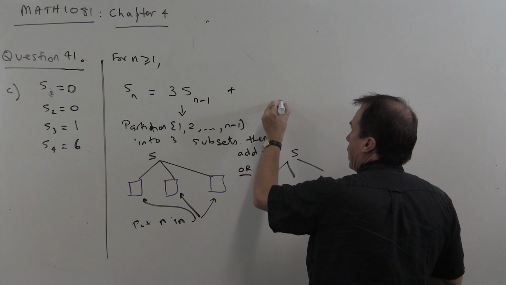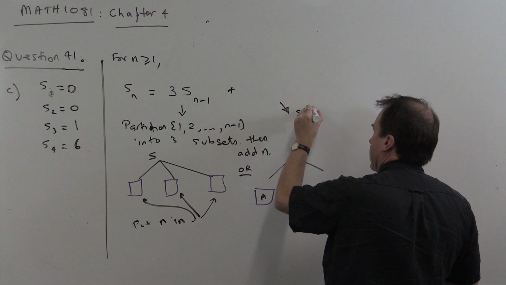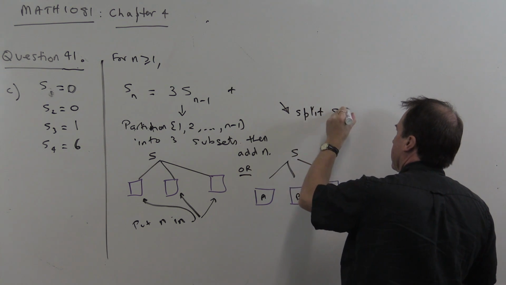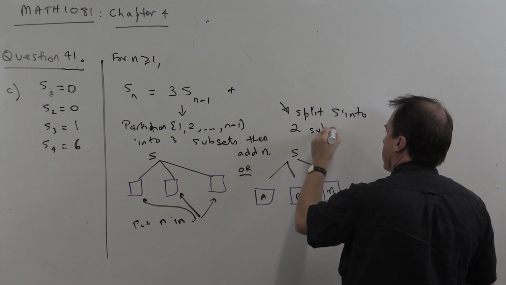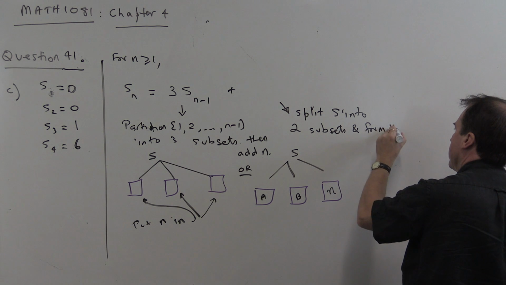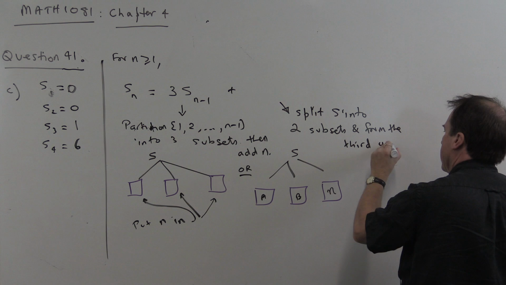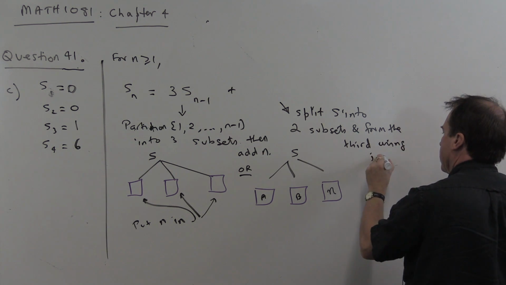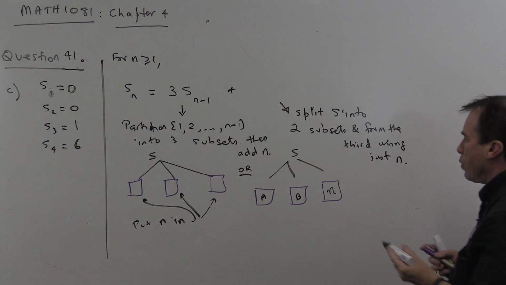So here, to explain what I'm doing, I'm going to split S into 2 subsets and form the third using just n. Now, how many ways can we do that?